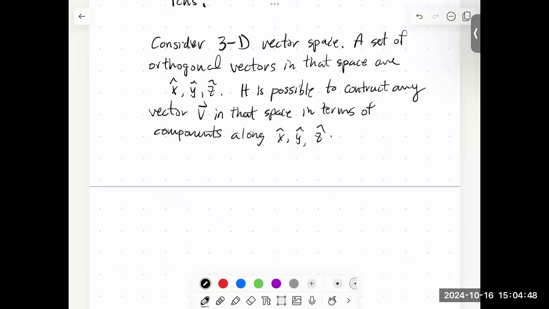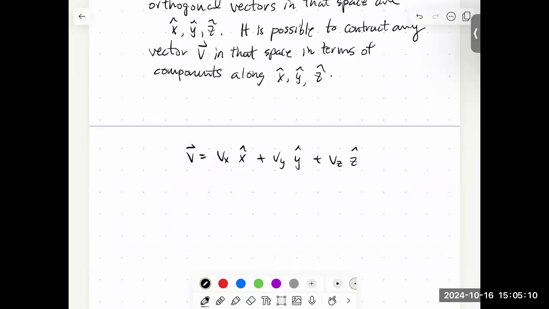Okay, so what does that look like? At the risk of being too slow here, let me just write this down because I want to show you another way of expressing the same thing. This is just obviously a 3D vector with 3 components. V sub x is the x component. How could I find that? Well, I could take my vector v and take a dot product with x hat, and this is vx.